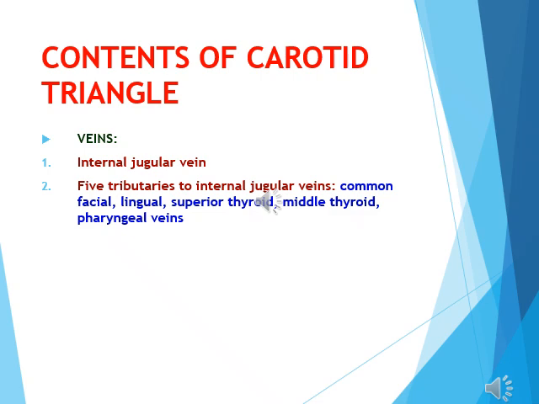So next you will encounter tributaries of the IJV. These veins converge into the IJV and reflect drainage from multiple regions, such as the common facial vein formed by the union of the facial and anterior retromandibular veins.